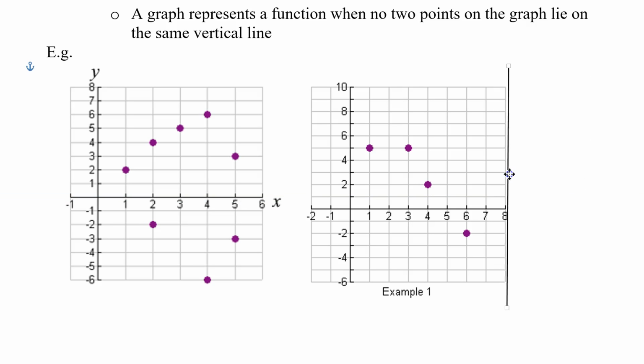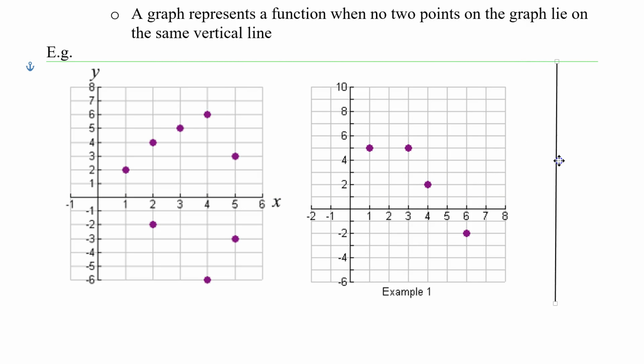I'm just going to start on the left, and move it across. I got a point, only one on that line. I got a point, only one, only one, only one. So this first one here looks like I've got a function. I can't find any points on my graph where 2 dots hit my vertical line. So this is a function.